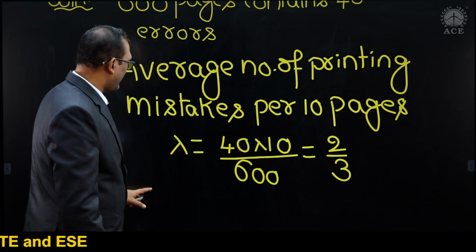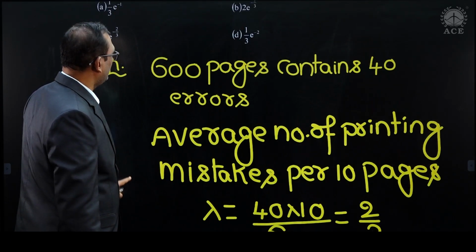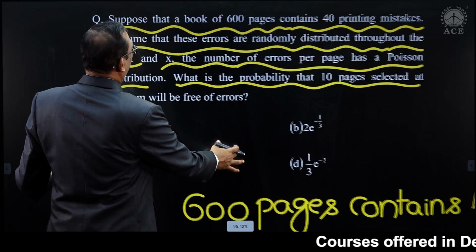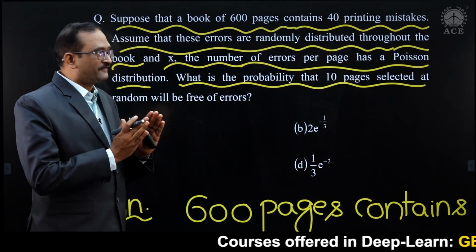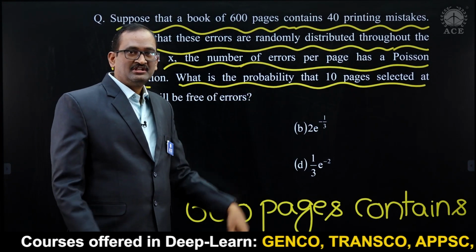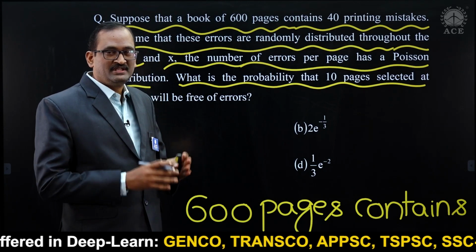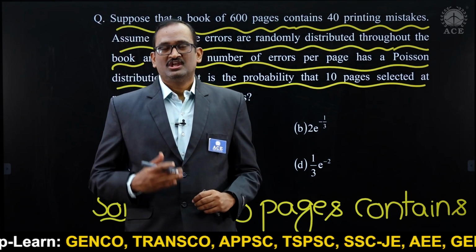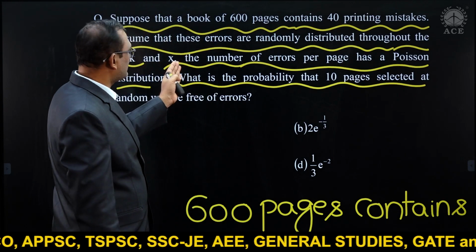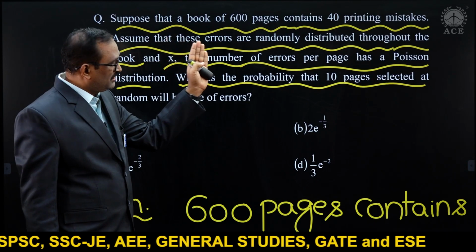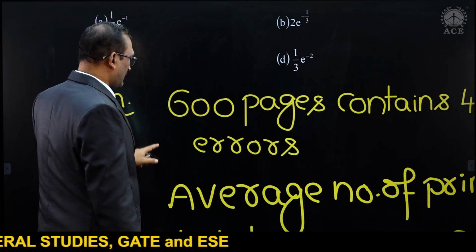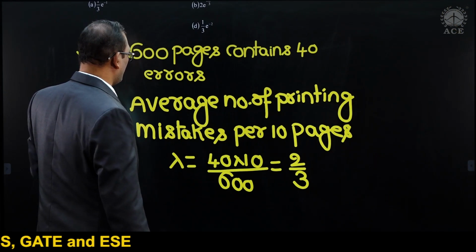Now please do remember that in this problem they mentioned clearly X means number of errors per page only, but we need number of errors per 10 pages. That's why just for the sake of our convenience only, I would like to change the variable.